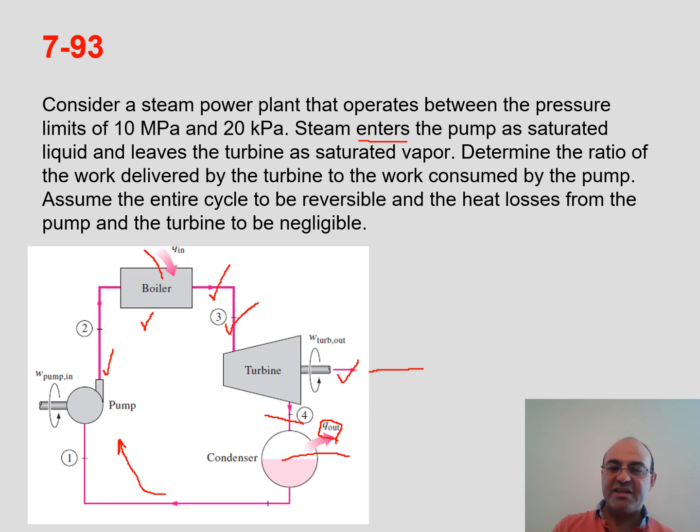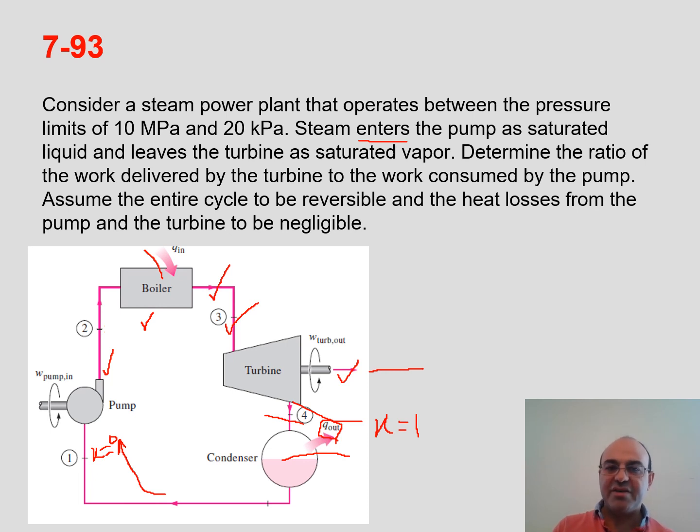So it leaves the turbine as saturated vapor, x equal to 1. So here at the exit of the turbine, x is equal to 1. And at the inlet to the pump, x equal to 0. This is what the problem is trying to say. At point 1, entrance of the pump, you assume that it's saturated liquid at x equal to 0.